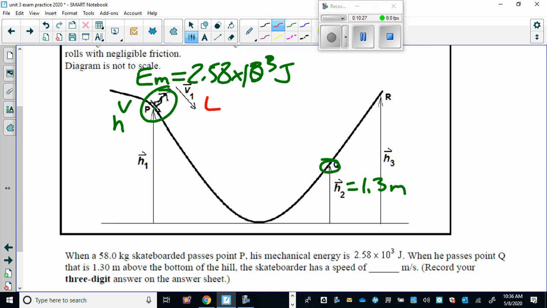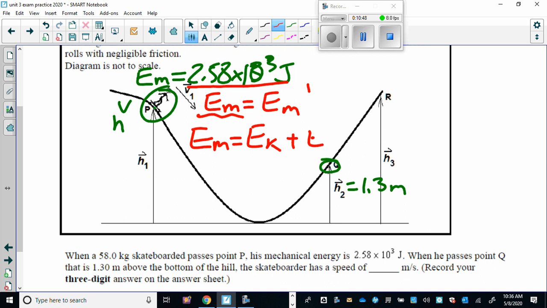It's going to be that the EM before equals the EM after. In this case, we don't need to break this down into EK plus EP because they've given us the value already, so I'm just going to leave that as EM. But this one, I'm going to have to break out into EK plus EP prime.